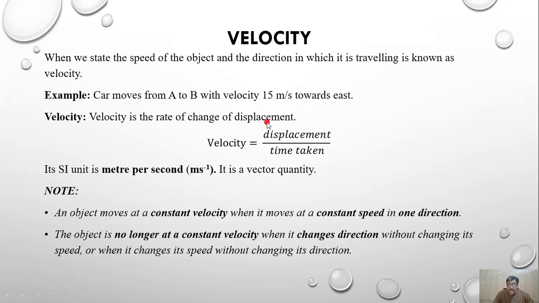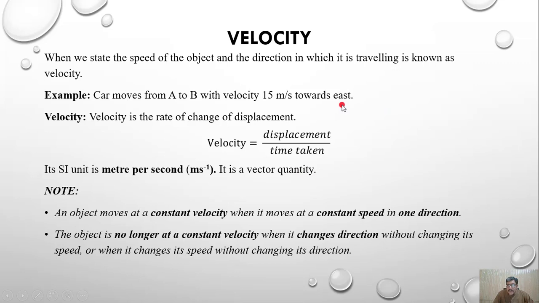Velocity is the rate of change of displacement. And what is displacement? We say that it is the distance covered in a straight line, or the shortest distance covered in a straight line. So whenever we calculate the velocity, it will always be in a straight line or in a particular direction. Its SI unit is also meter per second as we have for speed, but it is a vector quantity.